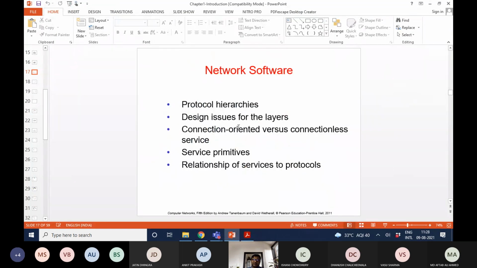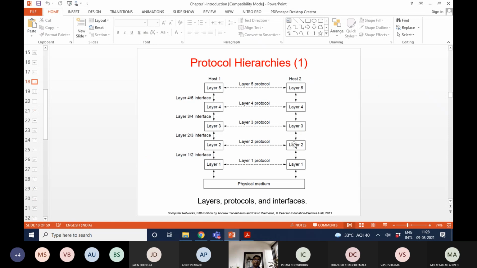Then I'll come back to this place. Protocol hierarchy. What is the meaning of protocol hierarchy? It means we are going to follow a certain hierarchy. Whenever we follow a distributed architecture, the hierarchy will be there, as in our government.